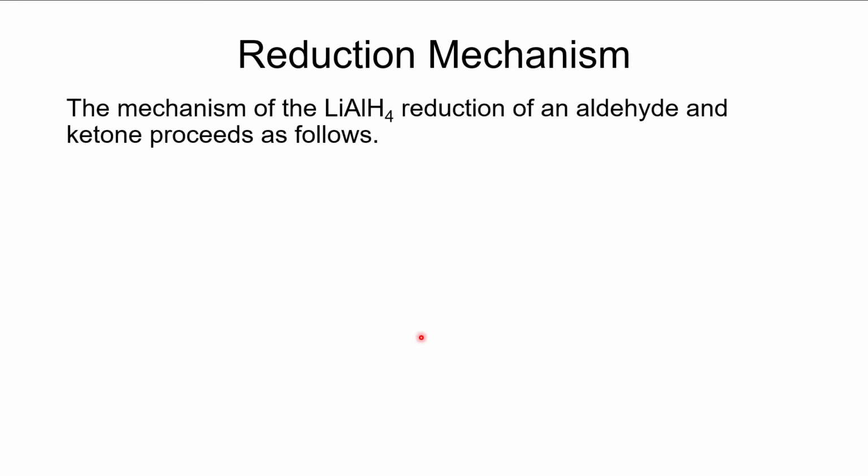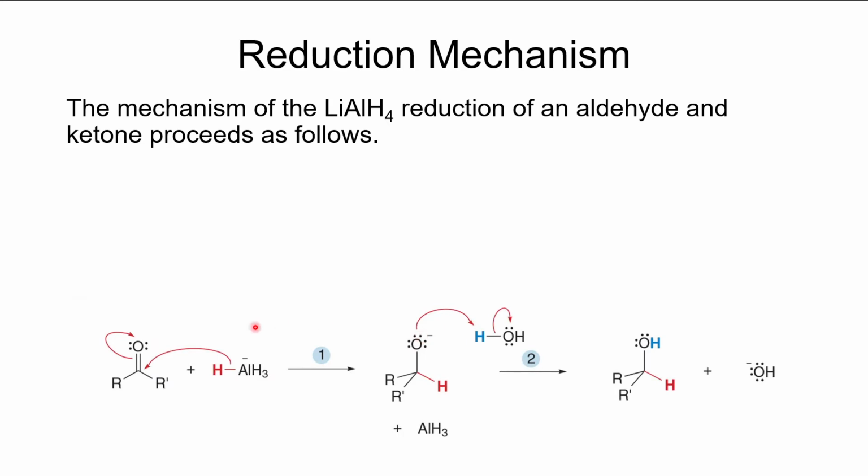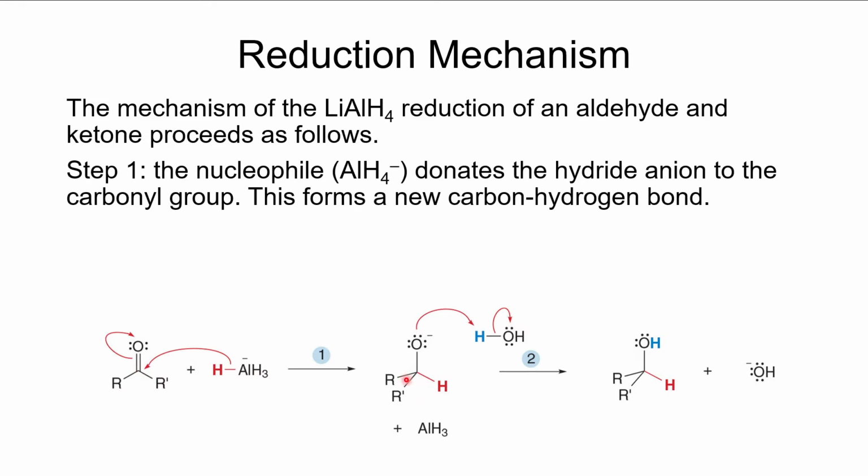All right. Let's look at the mechanism for reduction of an aldehyde or ketone with lithium aluminum hydride. Keep in mind that sodium borohydride has a similar mechanism. The very first step is nucleophilic attack of our hydride on the carbonyl carbon. In doing that, we create this tetrahedral intermediate.